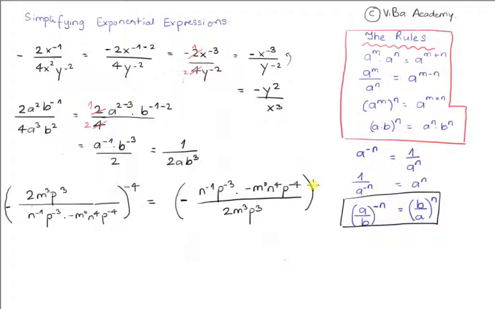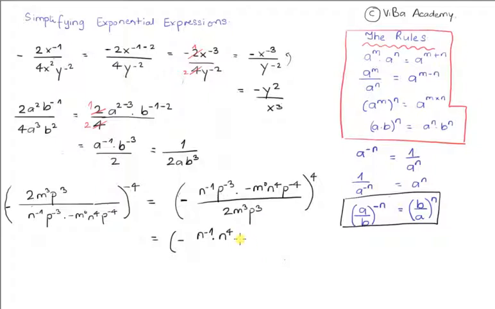all of this raised to 4. Now since it's such a big expression, let me try and take care of the things inside before I worry about the 4 on the outside. I've taken care of the negative, now let me turn my attention inside. Let me gather all the n's, the p's, and the m's together. So I have minus, which was already there, n raised to negative 1 times this n raised to 4.